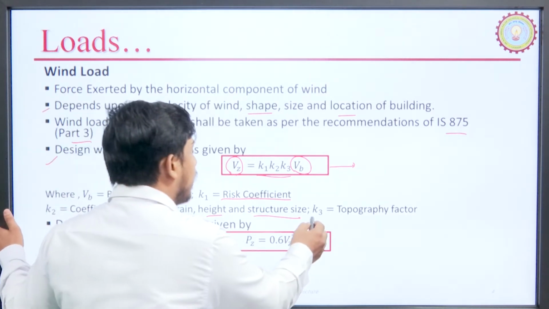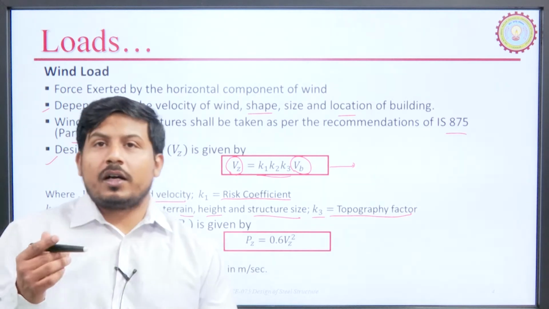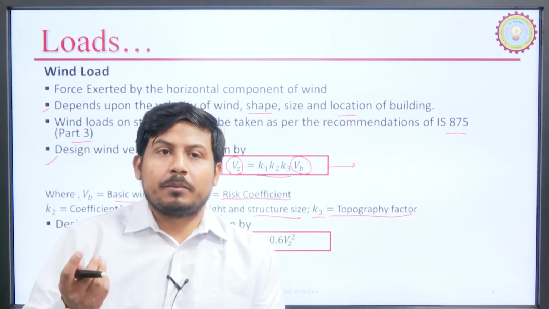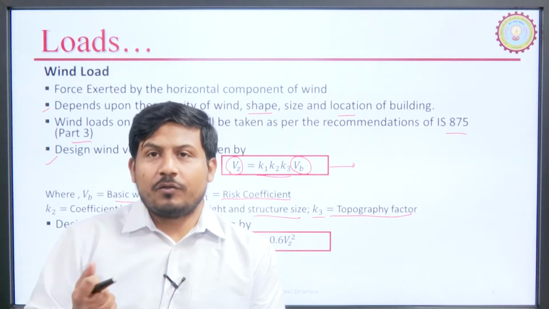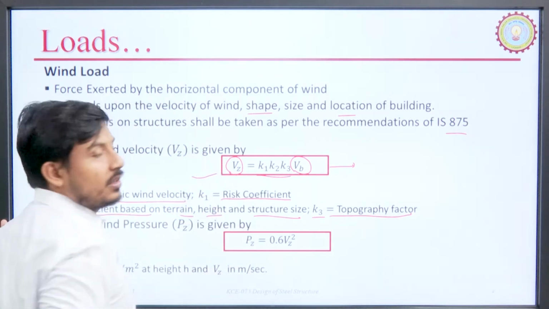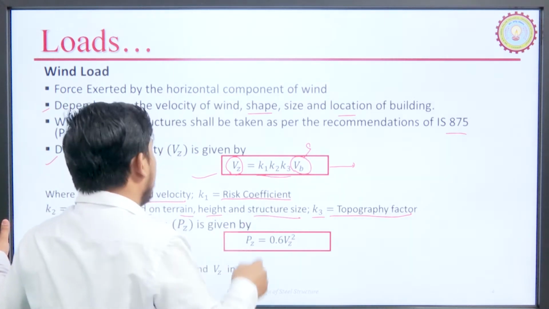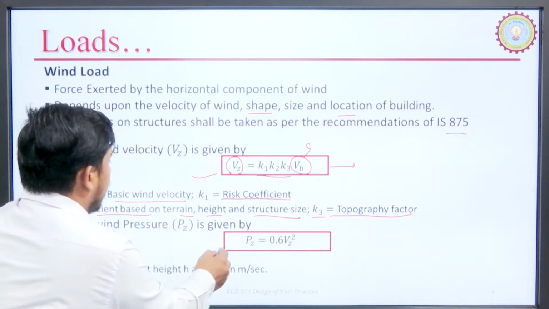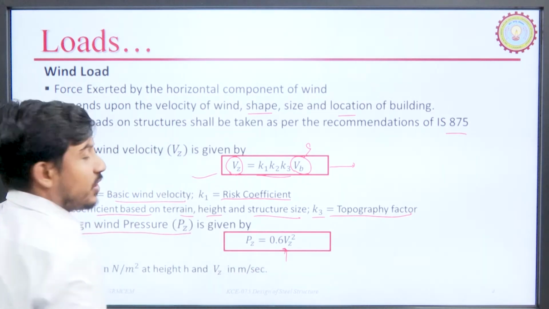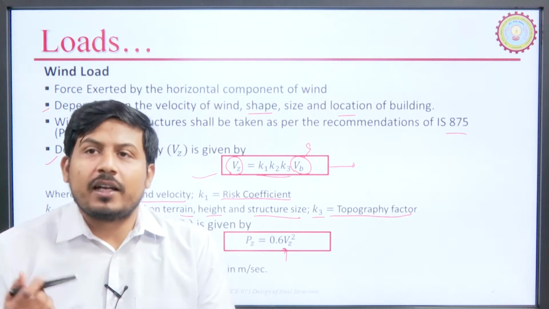Okay. Then talk about the K3. K3 incorporates the effect of topography, okay, while getting the design wind velocity. Okay. So, if we somehow calculate this Vz by knowing this K1, K2, K3 and Vb, we can calculate directly, putting into this equation, the design wind pressure. Okay. So, this will be the pressure through which we will design our structure.